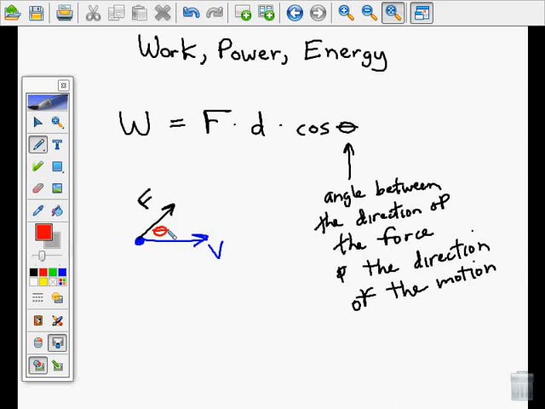Now notice, if the object is moving this way, and you have a force that's acting this way, theta would be 90 degrees, and the cosine of 90 turns out to be 0. So in this situation here, that force isn't doing any work.